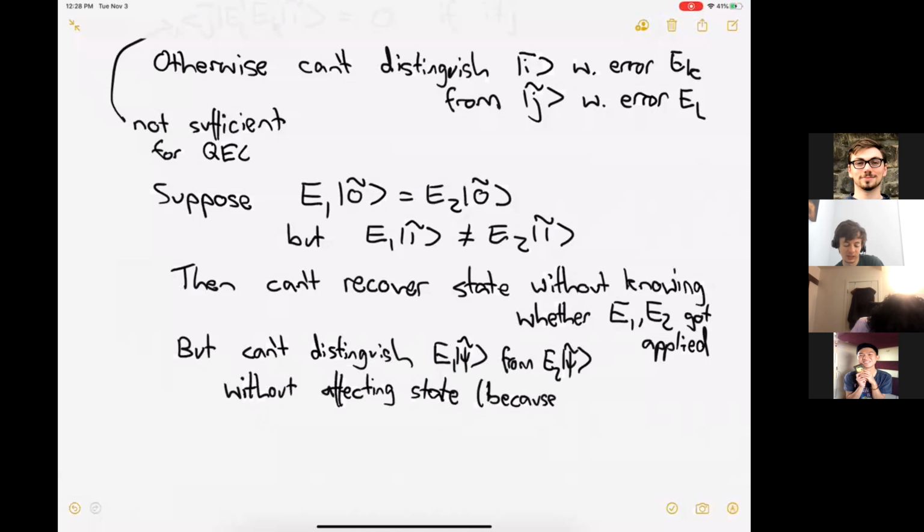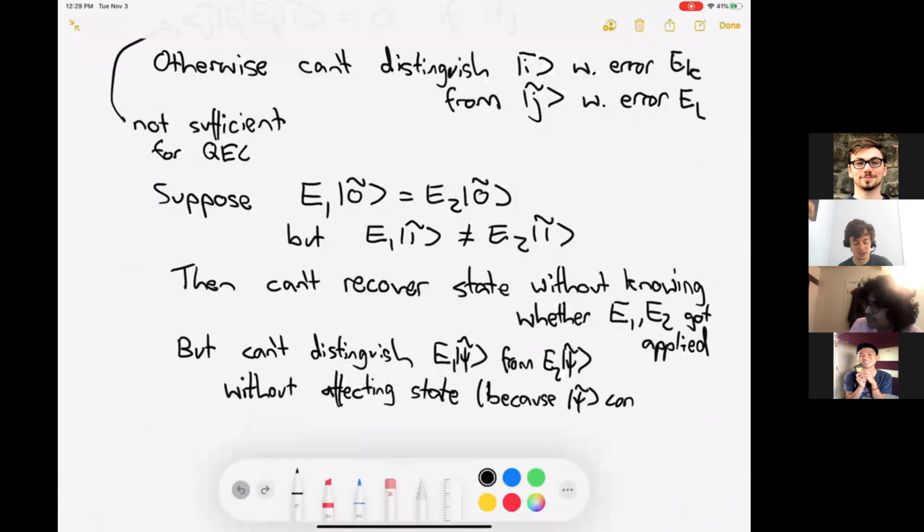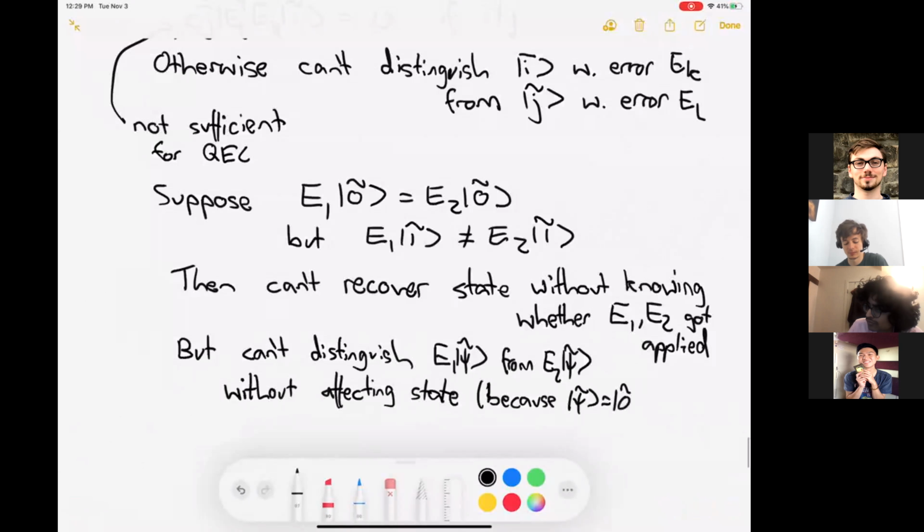Let me say this a slightly different way: because if psi tilde is equal to 0 tilde, then E1 and E2 are indistinguishable.